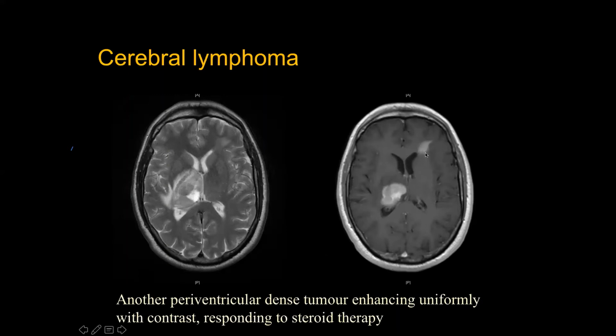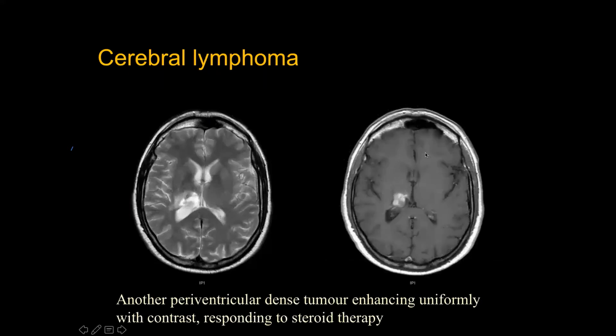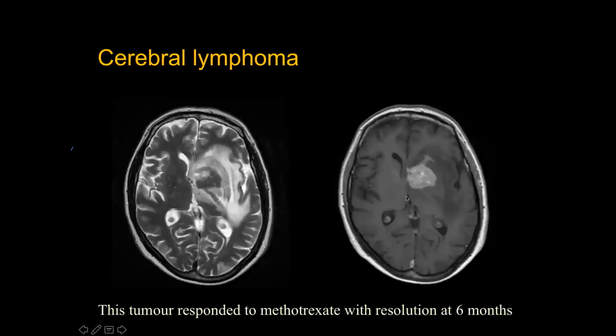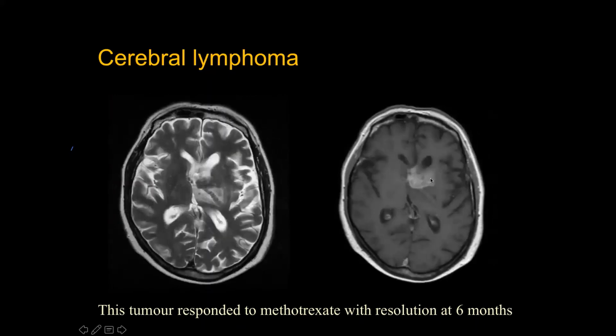Second lesion here. And after giving steroids, they shrink away quickly. Another one, dark on T2, involving deep brain matter, enhances homogeneously with contrast. With steroids, at 6 months, disappeared.